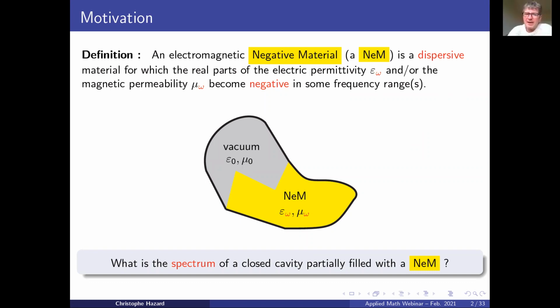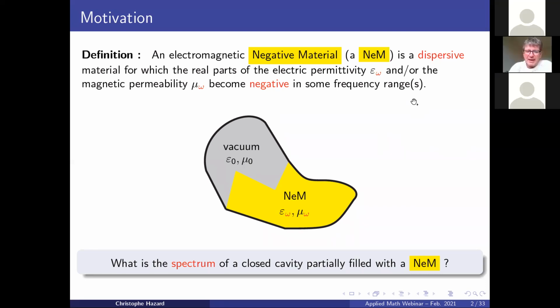And the question I am interested in here is very simple. You take a cavity, a closed cavity, and you put some negative material inside the cavity, and I want to know what is the spectrum of such a cavity partly filled with negative material. So that's the question I'm going to speak about.